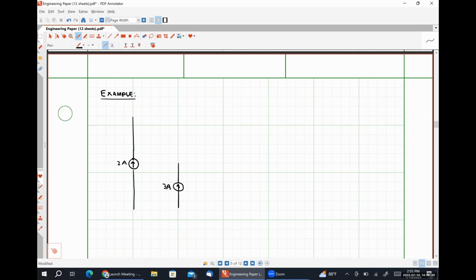Let's put a 3 amp source here in parallel with a 5 ohm resistor. Let's make this voltage V of t. That's one of the things that we're going to try to find. And then here, I'm going to have my switch. Let's have this switch close at t is equal to 0.